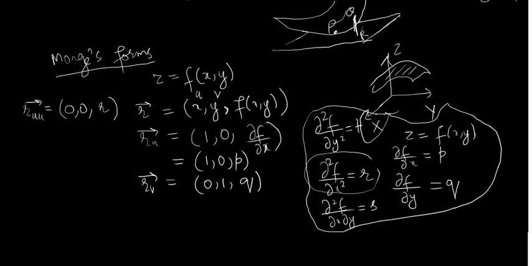Similarly, r sub uv should be, of course, again 0, 0, and you are differentiating this again, now with respect to y. So when you have mixed partial derivatives, you denote it by s. And r sub vv, again using this notation, should be equal to 0, 0, t.